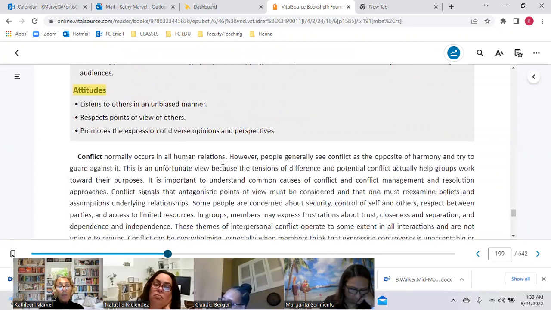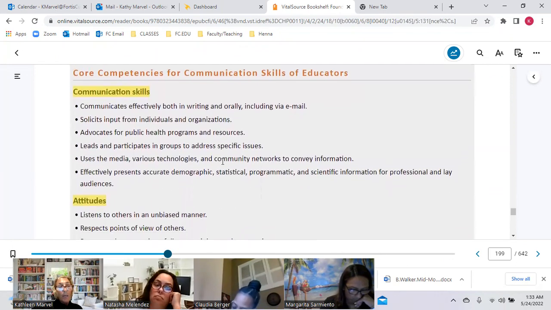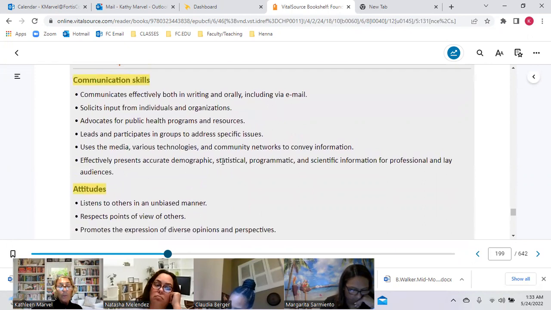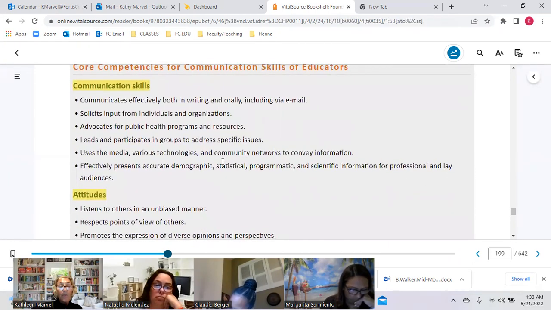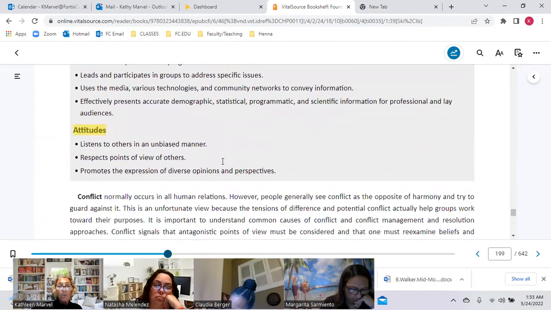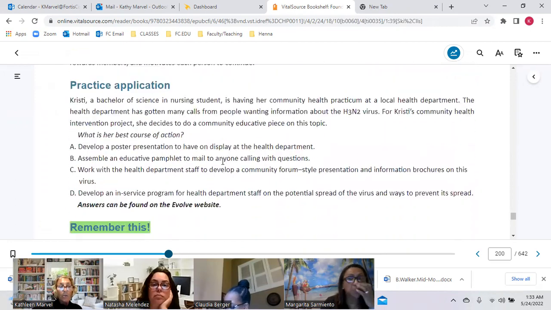And attitudes: you need to be able to listen to people in an unbiased manner and respect the points of view of others, and promote the expression of diverse opinions and perspectives. I know this is in the communication skills for educators, but I would argue that these two pieces of information, communication skills and attitudes, carry much further than just education.